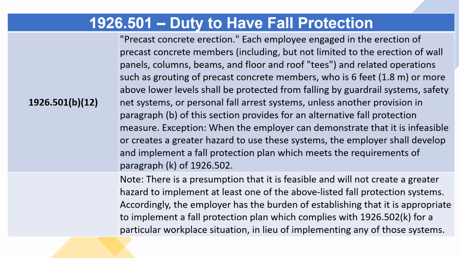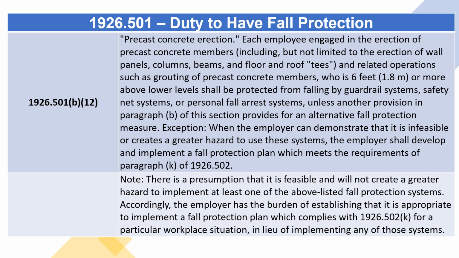Each employee engaged in the erection of precast concrete members, including, but not limited to the erection of wall panels, columns, beams, and floor and roof tees, and related operations such as grouting of precast concrete members, who is 6 feet (1.8 meters) or more above lower levels shall be protected from falling by guardrail systems, safety net systems, or personal fall arrest systems, unless another provision in paragraph (b) of this section provides for an alternative fall protection measure.